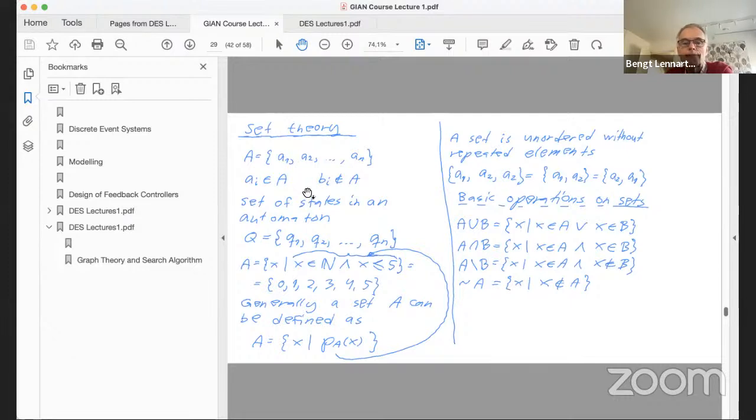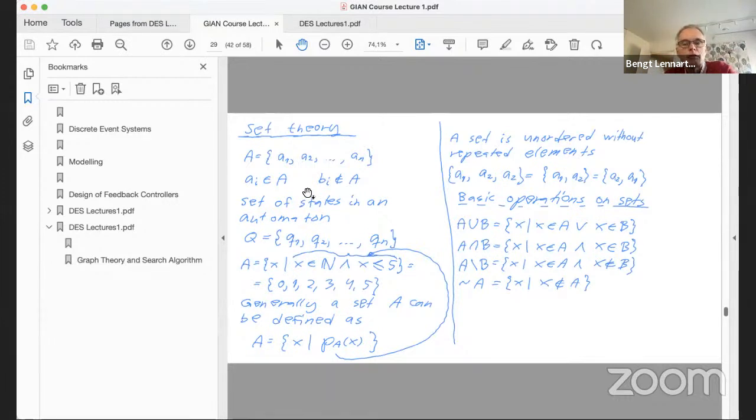So in this case, x in the union of A and B means that x is a member of A or x is a member of B. While the intersection means that x is both a member of A and B, while set minus means that it's a member of A, but not of B. So any element in B is removed from the set A. And the complement of A is then all elements that are not a part of A. So you could say it's the negation or the opposite of the set A.